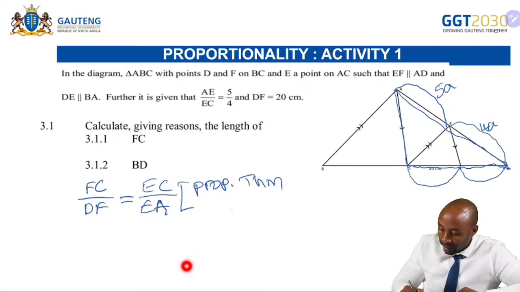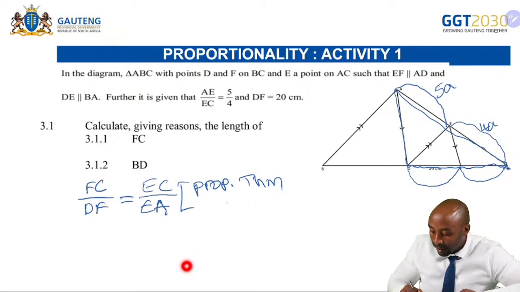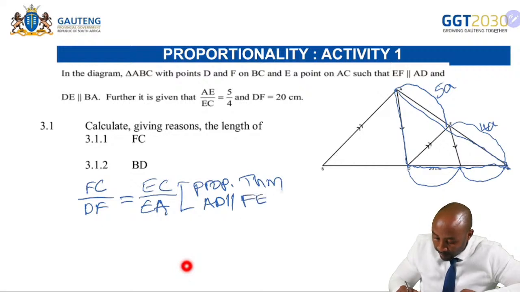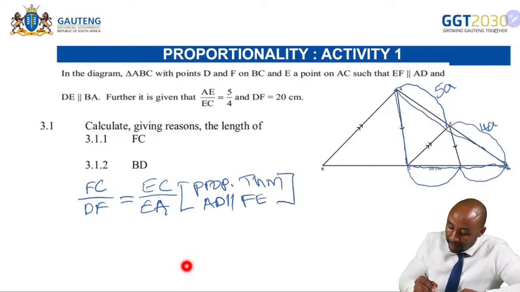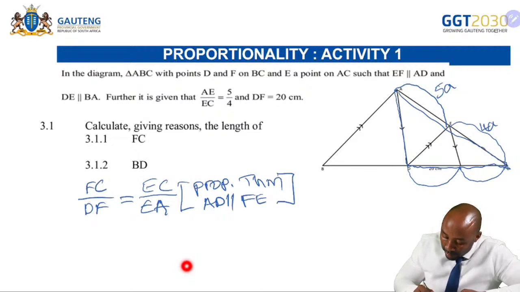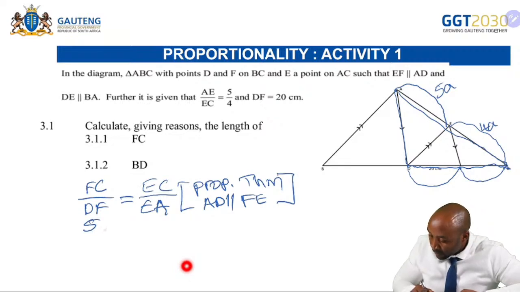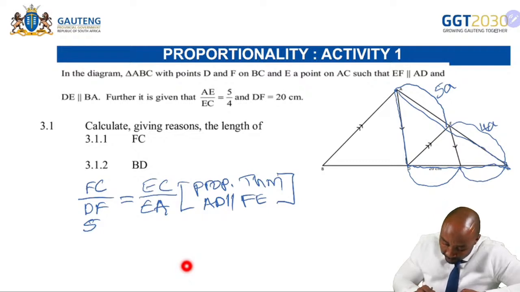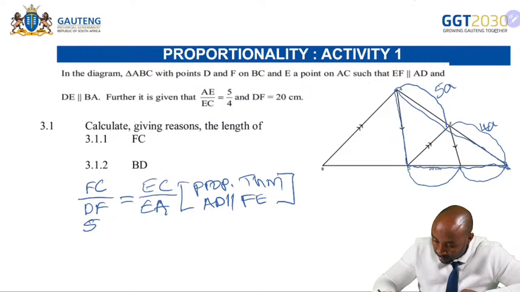And don't forget to mention the parallel lines. I have my AD being parallel to my FE. That's my reason. From there, I substitute. My FC, I don't have my FC. Sorry about that.